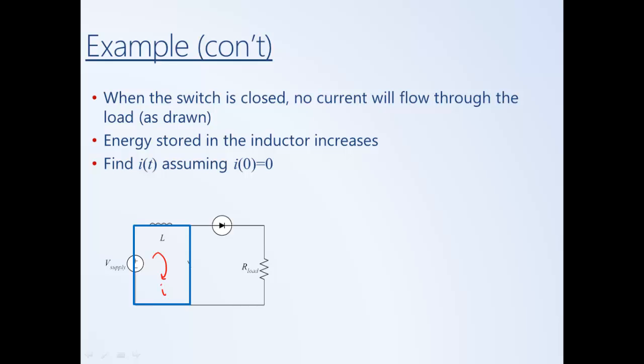The way that we do this is first we generate the governing differential equation for that circuit. We can use Kirchhoff's loop law as we learned previously. If I start at this point in the circuit, as I go around the loop in the direction that I've drawn I first come across the supply, which causes an increase in voltage by the amount V supply.